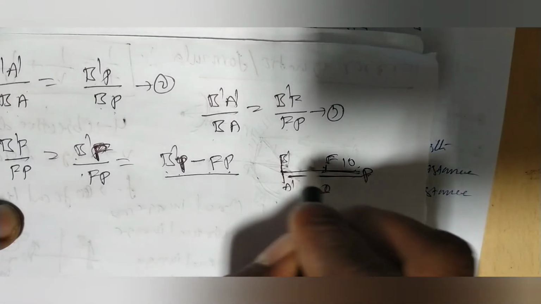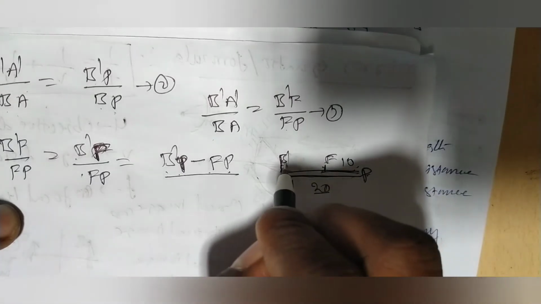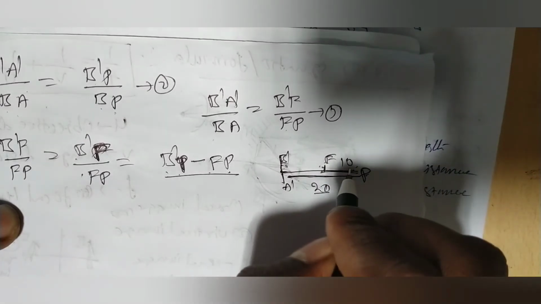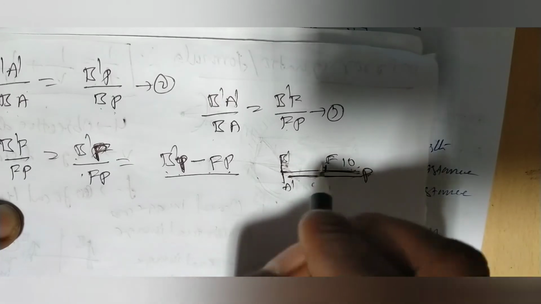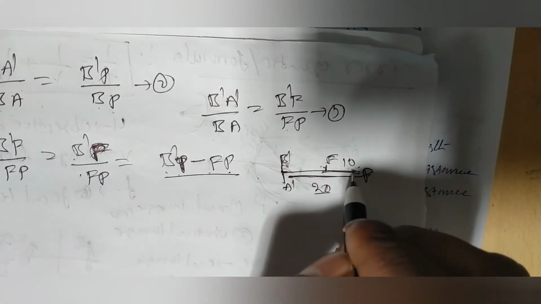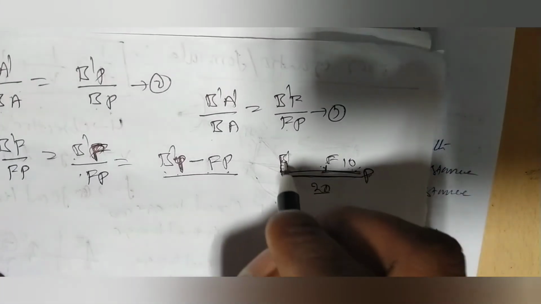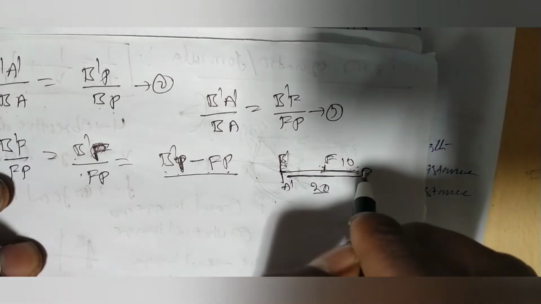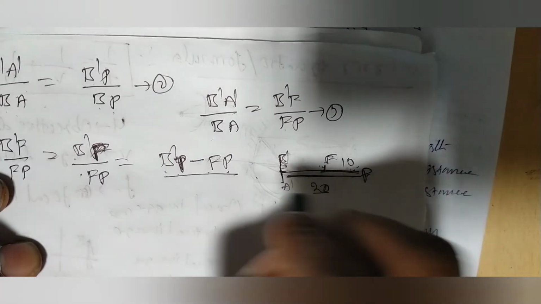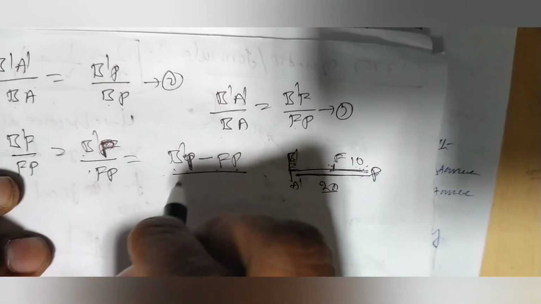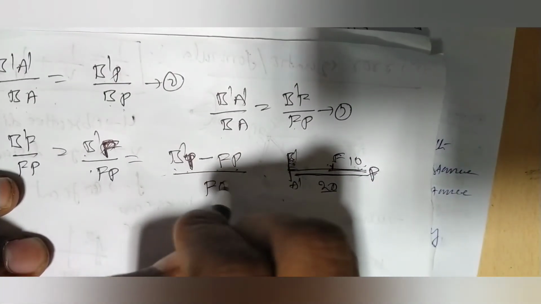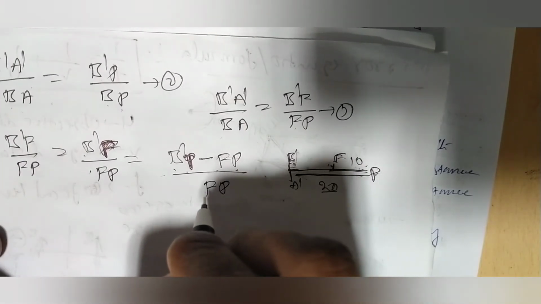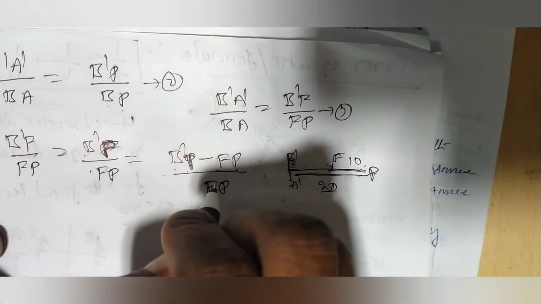I don't know the distance between b dash to f, that's why 20 minus 10, we get the b dash f, that is b dash p minus f p, we get the b dash p.